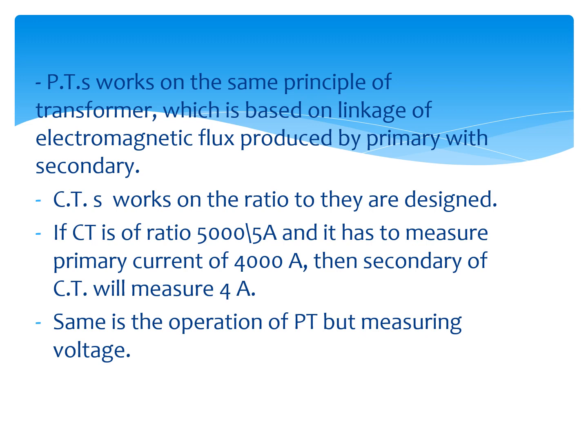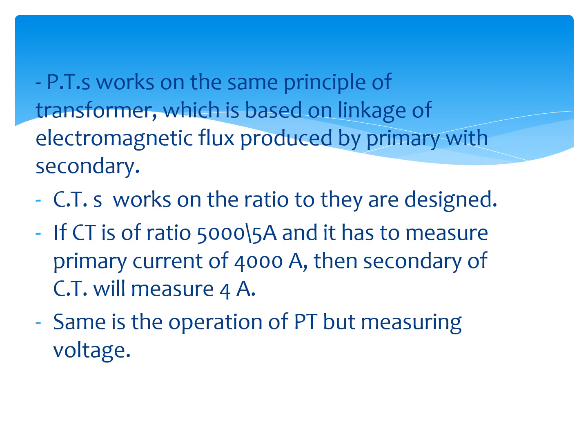CTs work on the ratio they are designed for. If the CT ratio is 5000 by 5 ampere and it has to measure a primary current of 4000 ampere, then the secondary of the CT will measure 4 ampere. When multiplied by the CT ratio, you can come to know what is the current flowing in the primary.